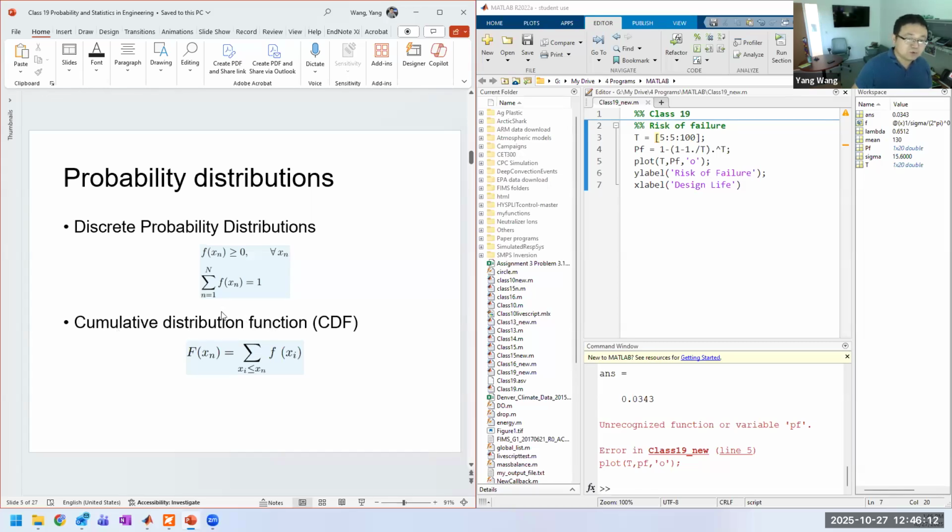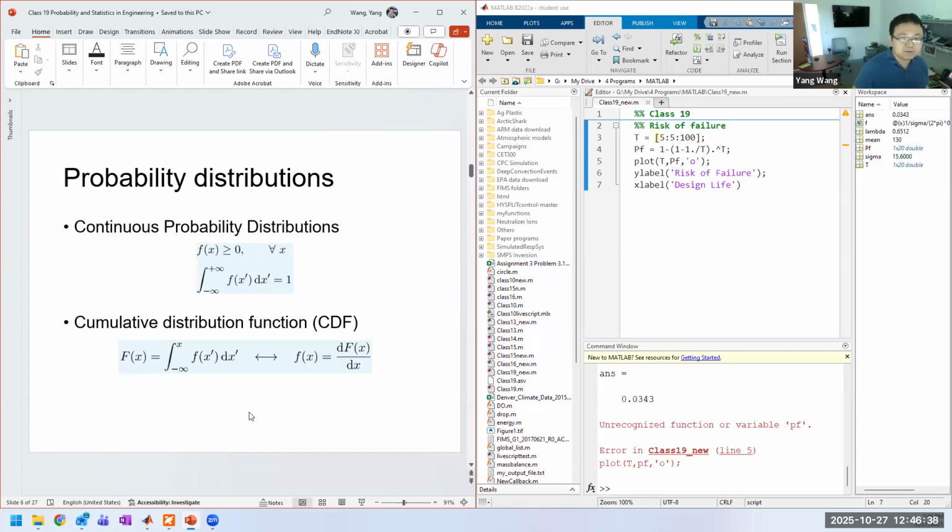What that means is that we're trying to get the summation. For example, again rolling the dice, we're trying to find the probability of the dice result having a value smaller than or equal to 4. So you're going to sum the probabilities of the dice having the value 1, 2, 3, and 4. So that's the cumulative distribution function. Okay, so this is discrete probability distribution.